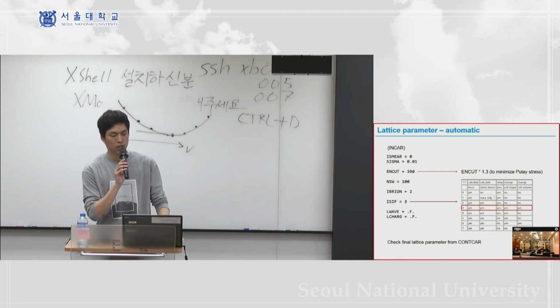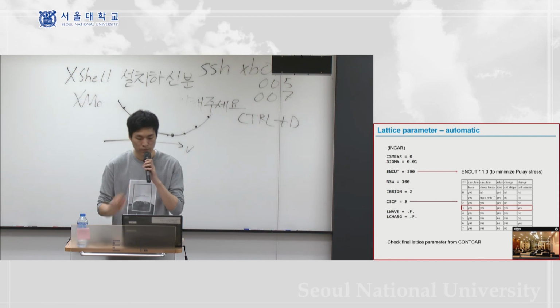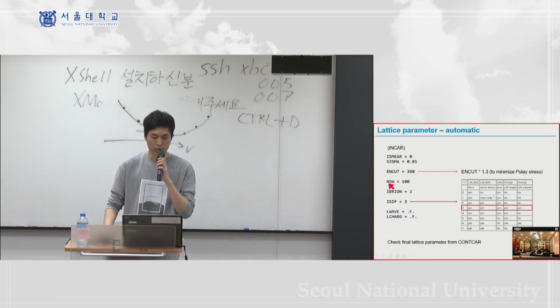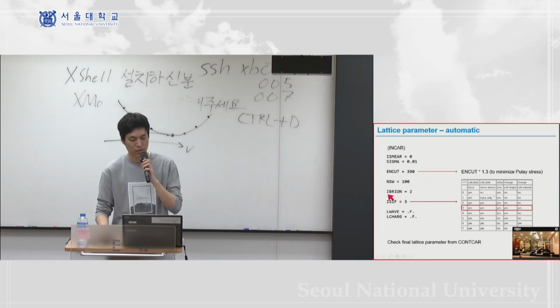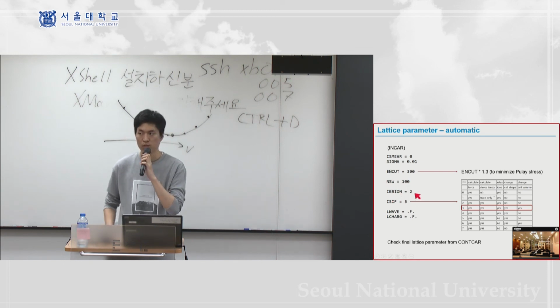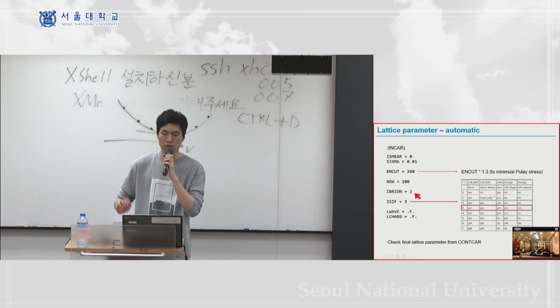This is the calculation we first did. Here you can set NSW to a proper value, and then set IBRION equal to 2. IBRION equal to 2 means you are going to do relaxation using conjugate gradient, and set ISIF equal to 3.